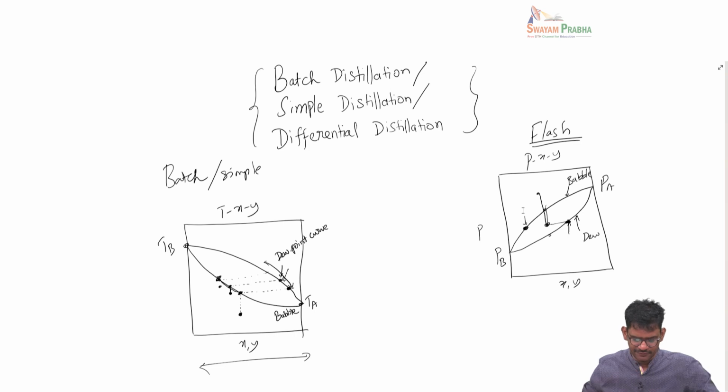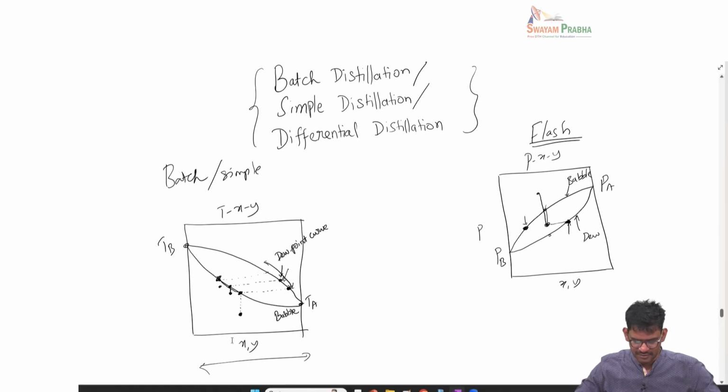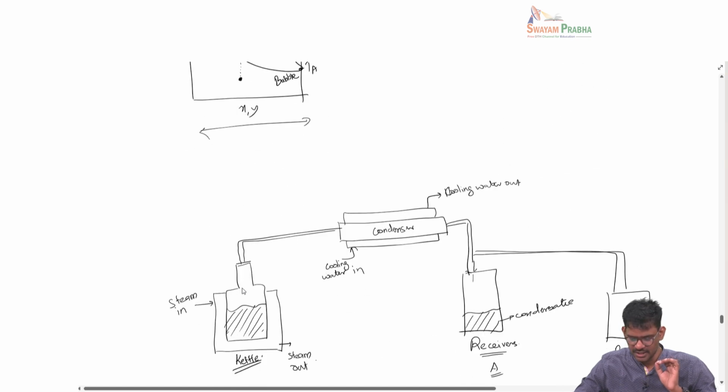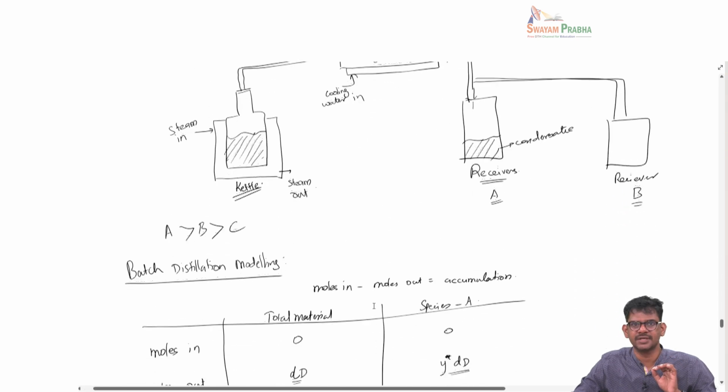From the operation point of view, you start from a liquid, reach the bubble point, create the first vapor, remove it, and then you supply more heat and travel along this bubble point curve. At each point when the vapor is created, you are separating it out. This basically means doing an infinitely large number of flash operations at each of these points.